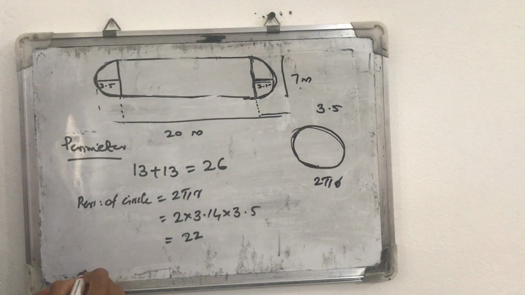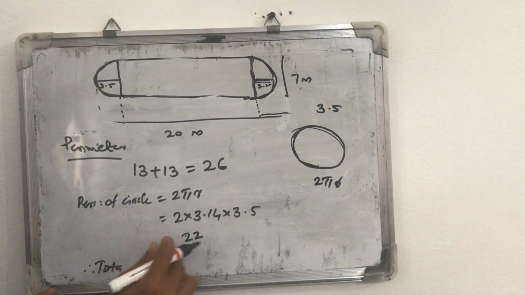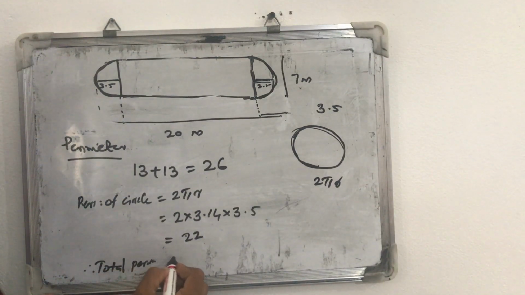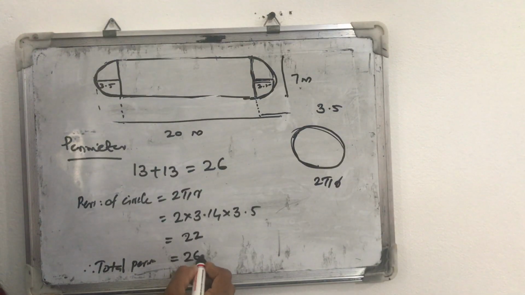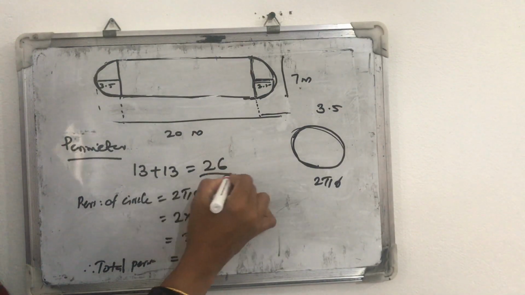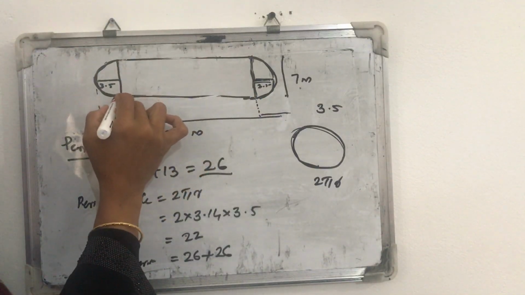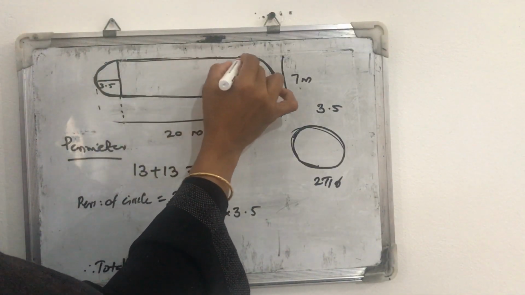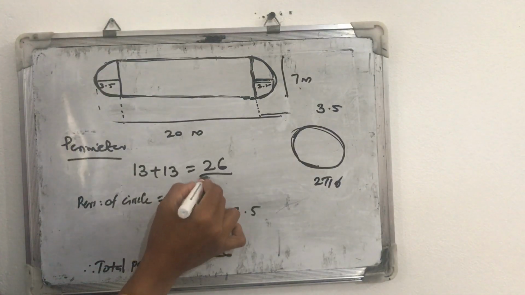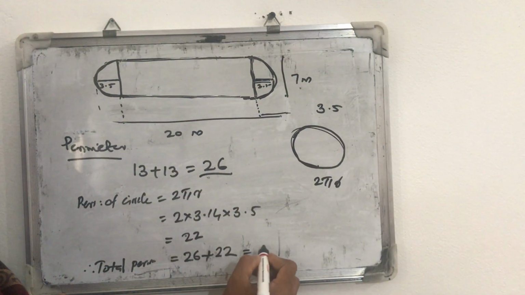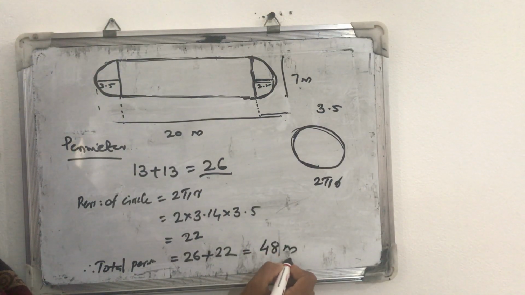Therefore the total perimeter of the garden equals 26 plus 22. This part circumference we found, and these two straight parts sum to 26. That 26 plus 22 we will get 48 meter.